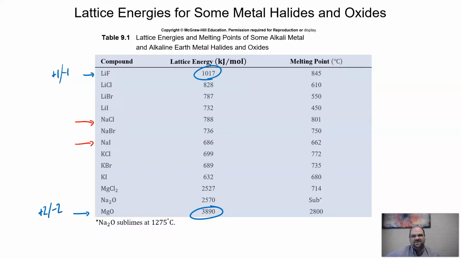The only difference is that iodide, being 2 periods lower on the periodic table, has a much larger radius, and so the distance between those ions is going to be larger. But you see here, the difference in the lattice energies is not that great. It's 100 out of 800, so about 1/8 smaller for the larger ions. And so the difference in radius is not nearly as much of a player as the difference in charge. Okay?